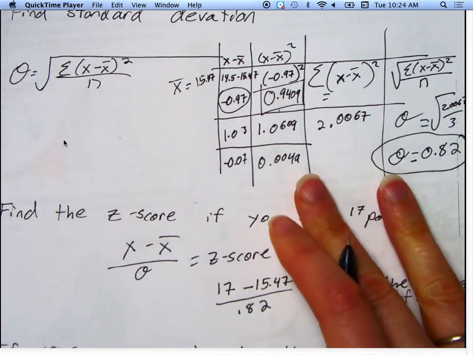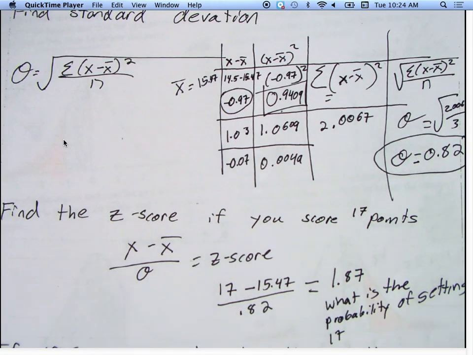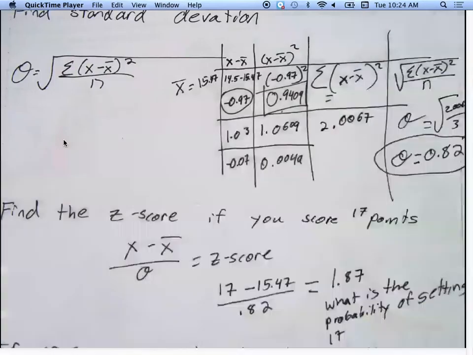Do I know what the z-score is already? Do you guys remember how we find probability? You take out the z-score chart, and I go to 1, and then I want 1.8, and I go over to 1.87, and I get 0.9693.